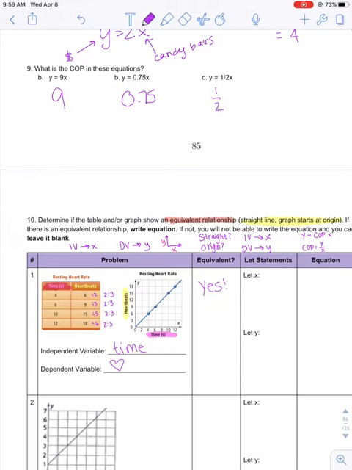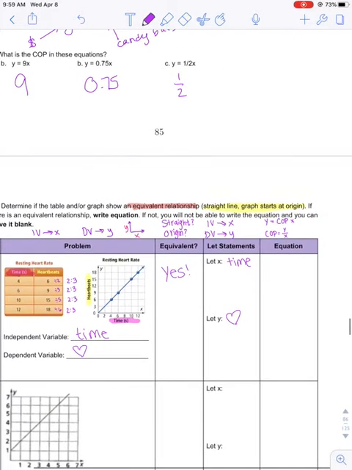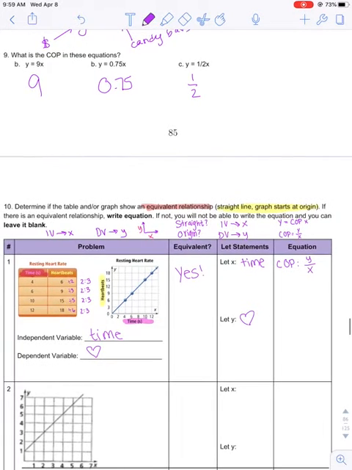For the let statement, whatever x is going to be the independent variable. So let x be time, let y be heartbeats. Now the equation. I have to start by finding the COP, which means I have to do y divided by x. It doesn't matter which point I pick. I'm going to pick a random point. Let's do 10 and 15, but I could have picked any of them. Y is the second one.